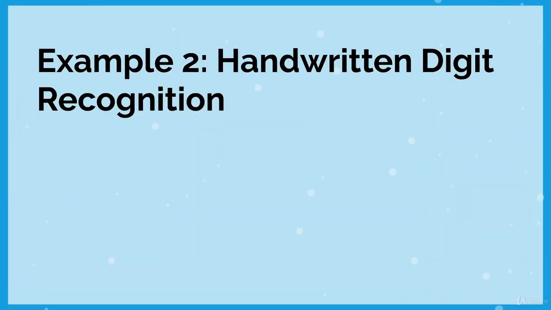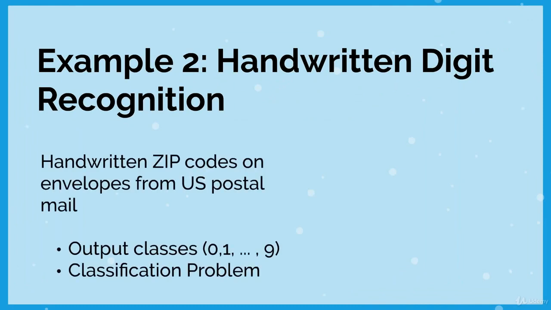Example 2, handwritten digit recognition. In this example, we had zip codes that were written on envelopes from the US Postal Service, and they wanted to automatically read these zip codes. However, as you might have noticed, myself included, a lot of people have very bad handwriting, and so sometimes these things are difficult to read.